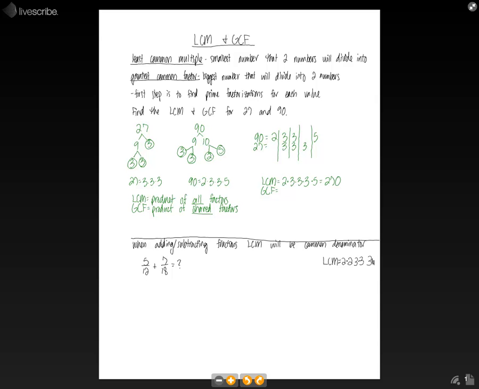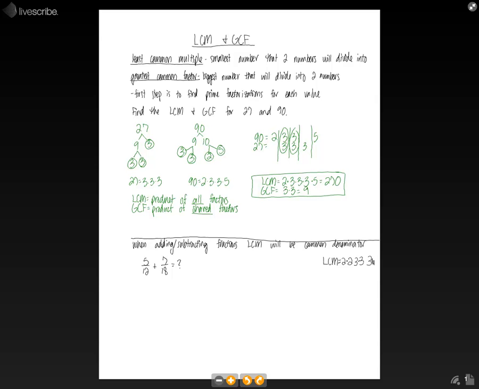And if we look at the little columns that I drew, we can see that the two sets of 3's are common between the two, so it's going to be 3 times 3 or 9. So that is how you find the least common multiple and greatest common factor for those two values.